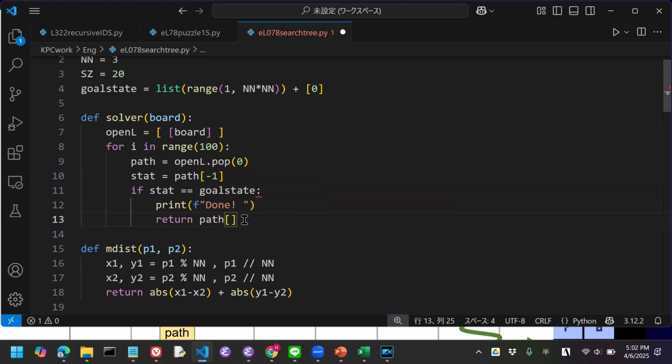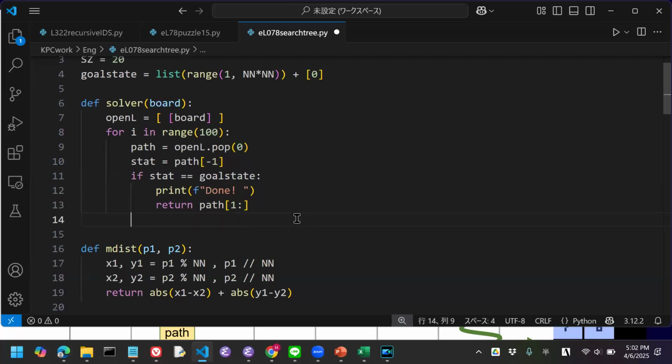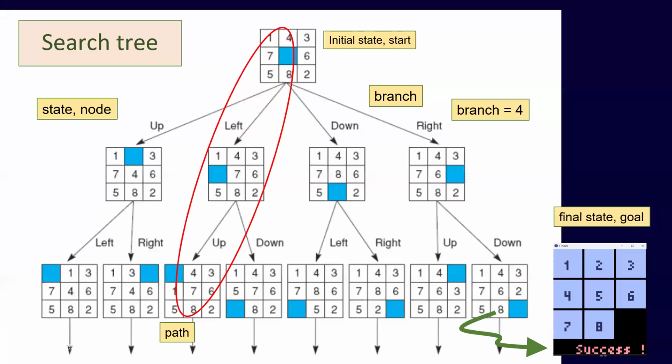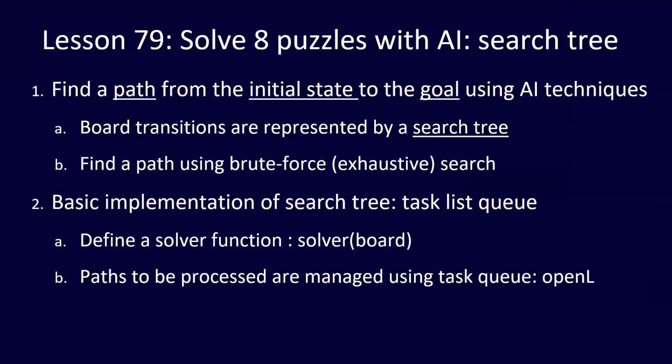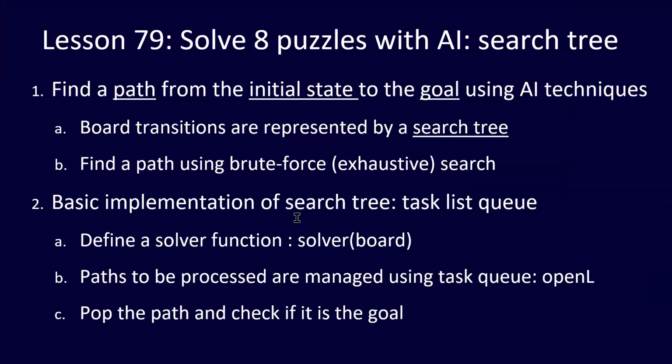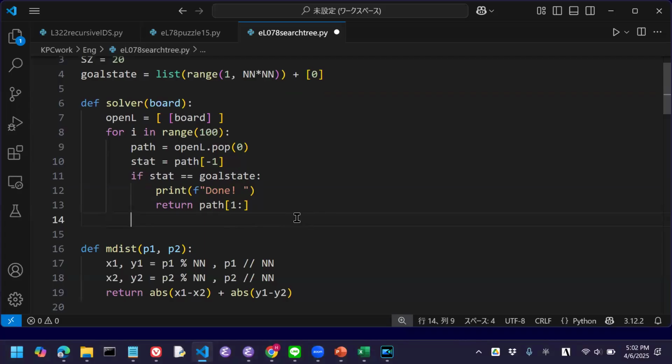Maybe we don't need the initial state, so maybe from the second element. This is good enough. Otherwise, paths to be processed are managed using a task queue, and we pop the path and check if it is the goal. And then, if it is not the goal, we will do the next things.